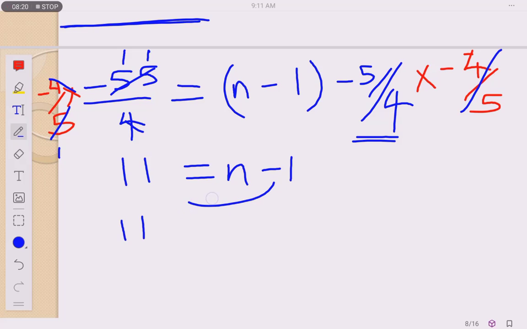Taking this 1 to this side, 11 + 1 is equal to n, and our n is equal to 12.